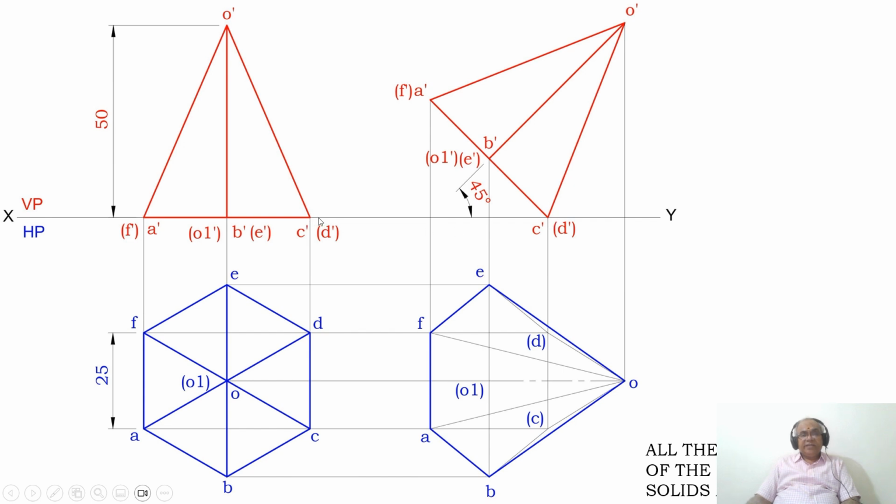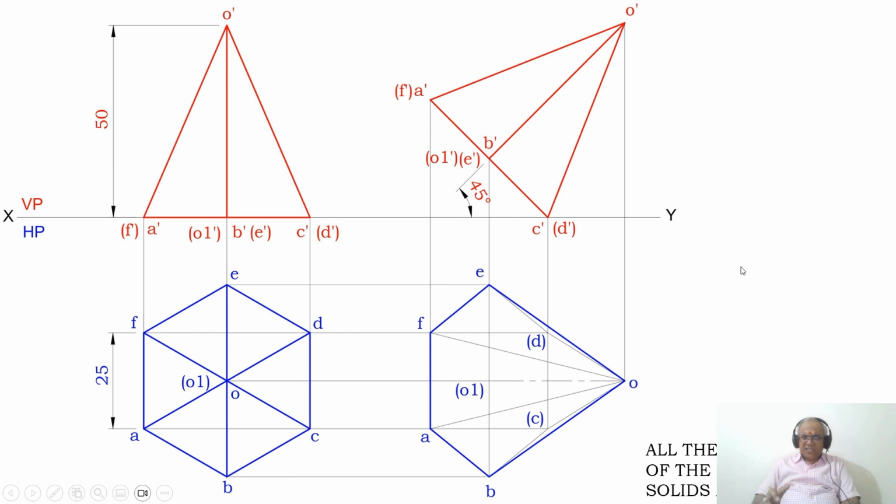You take any convenient distance from C dash, D dash of the first position front view, and you mark that point as C dash and D dash in bracket. Since I want to incline the axis to HP at 45 degrees, here I need to rotate the base by an angle of 45.